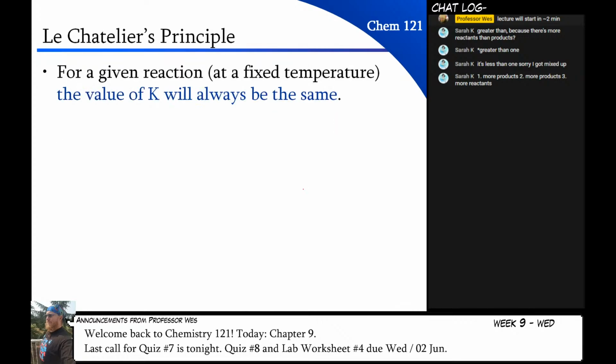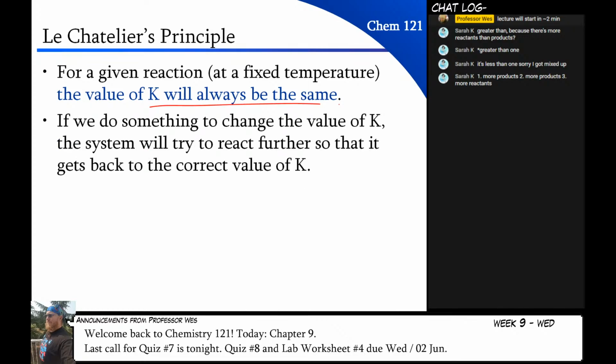In order to get K back to what it should be, because K will always be the same, it's a constant, the system and all the reactants and products inside will exchange and react or decompose or whatever, such that you get back to the correct value of K. And so this is known as Le Chatelier's principle. If you change the equilibrium conditions, the reaction will adapt and try and revert back to what it was.